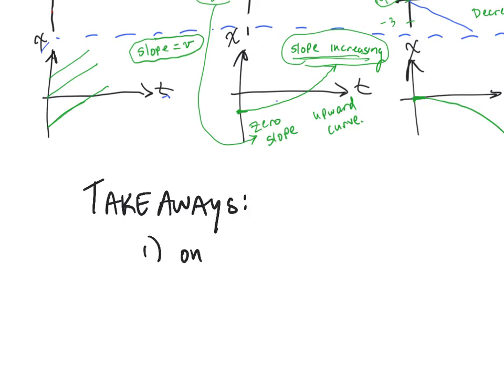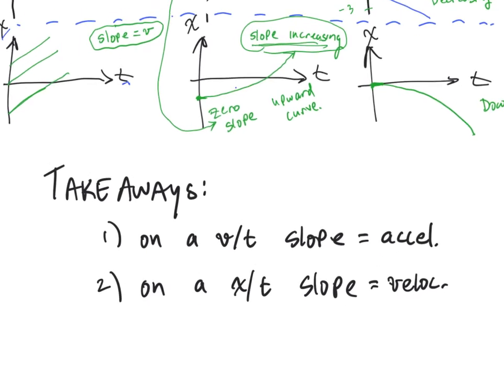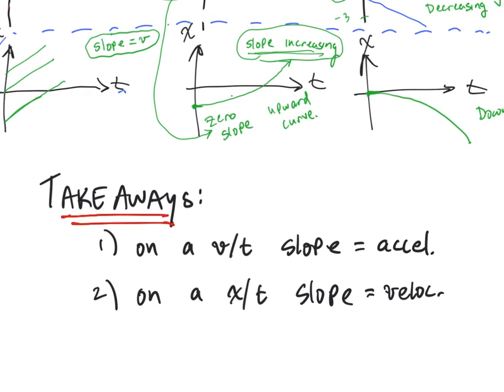Number 1, on a velocity time graph, the slope is the acceleration. And on a position time graph, the slope is the velocity. I'm going to call these the main takeaways. And if you can remember these two things, and if you know how to use them properly, you can do any graph translation in this course.